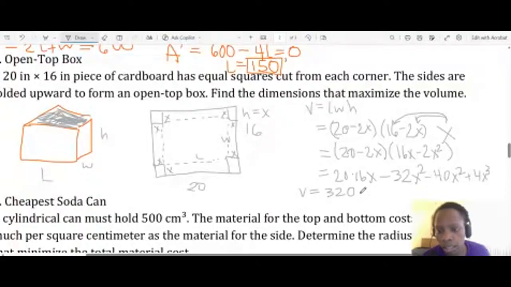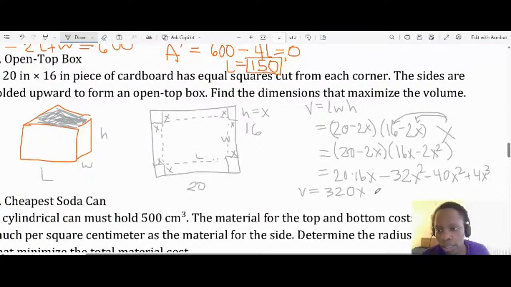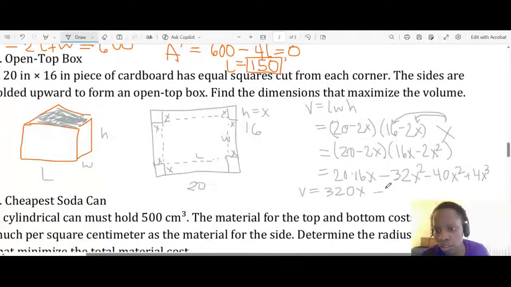That was not that bad. 320x minus how many x squareds? Minus 32 and minus 72 x squared plus 4x cubed.